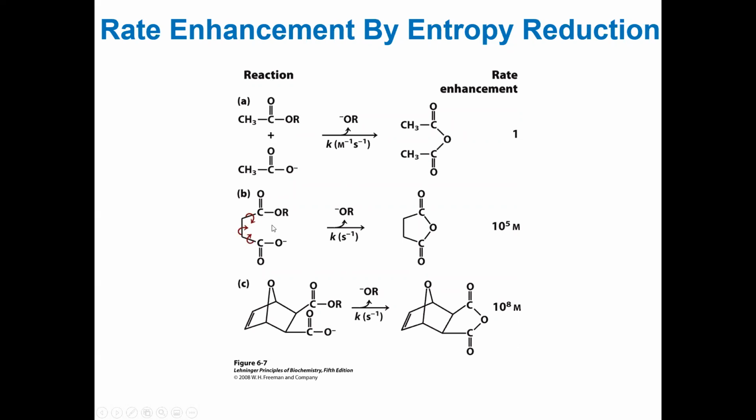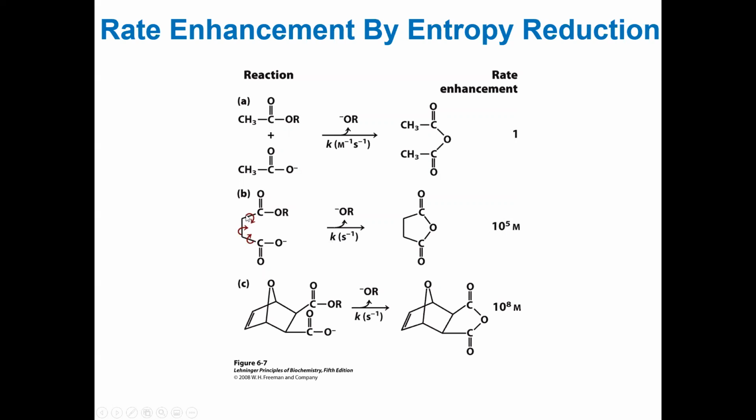If you let this molecule react, because it's a unimolecular reaction, it's a first order rate constant. That's why the unit is second inverse. And if you measure that rate enhancement, it will be, let's say, 10 to the power 5 molar.